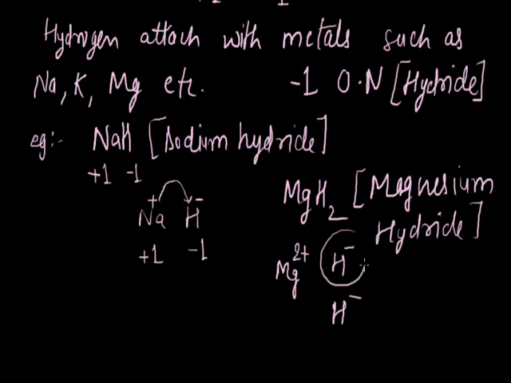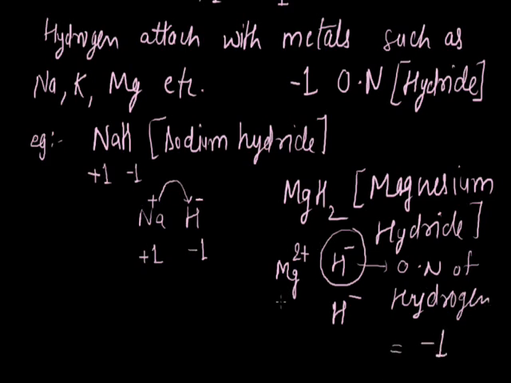So each atom has a single negative charge, so we can say that the oxidation number of hydrogen in this case will be equal to minus 1, and the oxidation number of magnesium will be equal to plus 2.